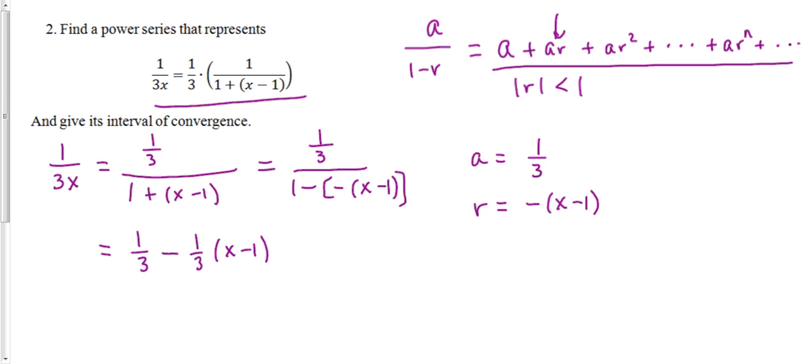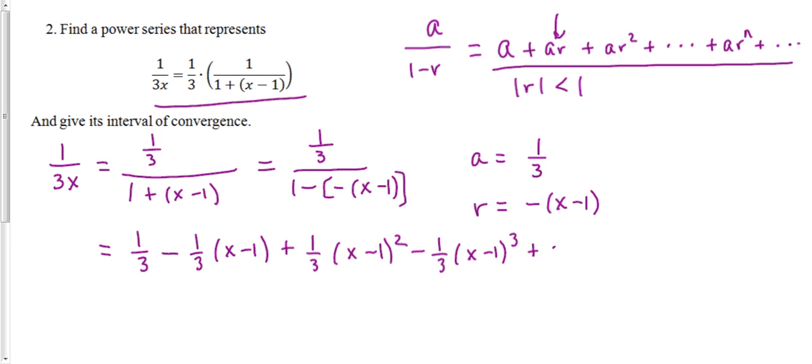When I square r for the next term, my negative sign is going to go away. So this is going to be plus 1/3 times x minus 1 squared. When I cube that negative 1, it's still going to be negative. So I'm going to have minus 1/3 times x minus 1 cubed.